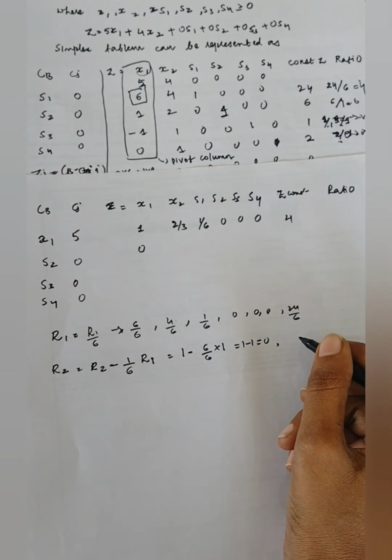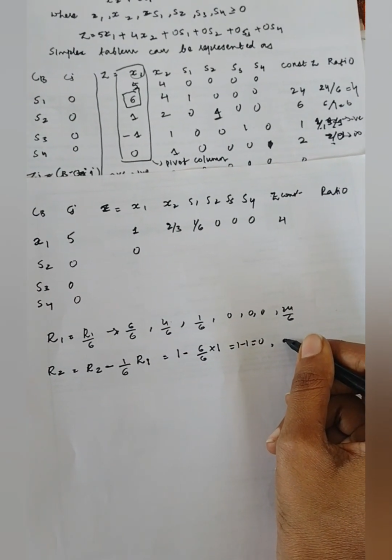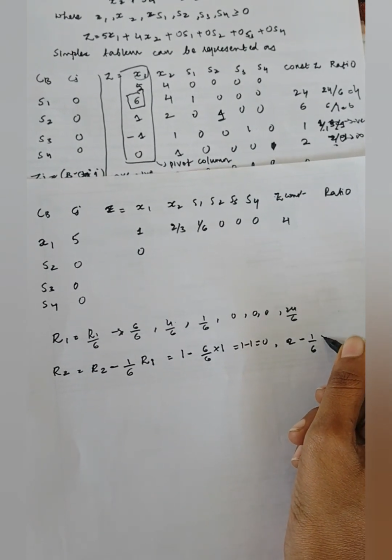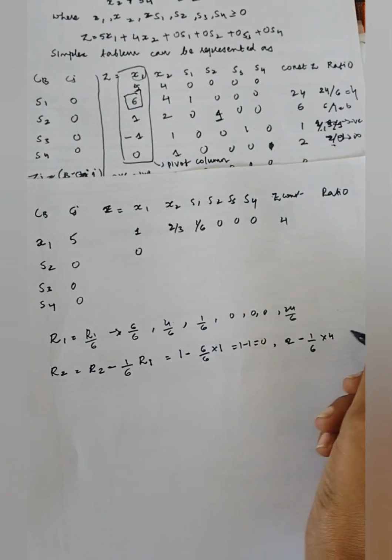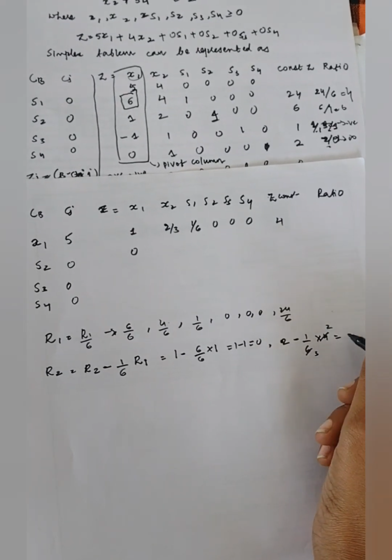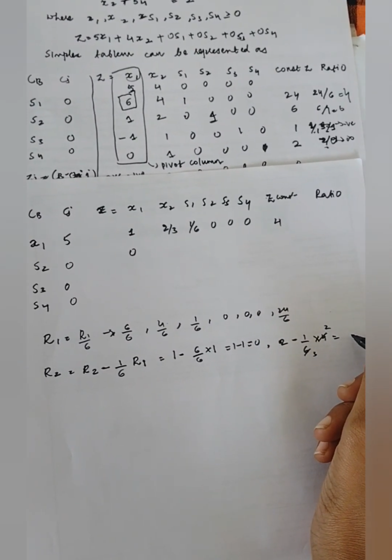Next, 2 minus 1 by 6 into 4, that is 2 minus 2 by 3, which is 4 by 3.